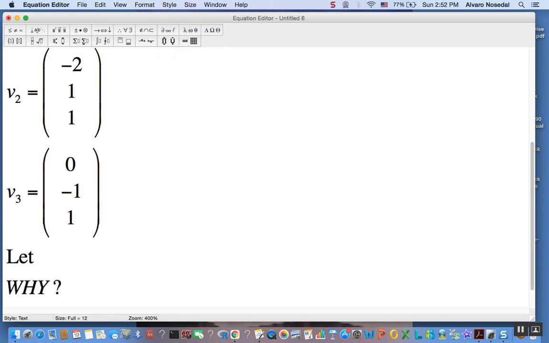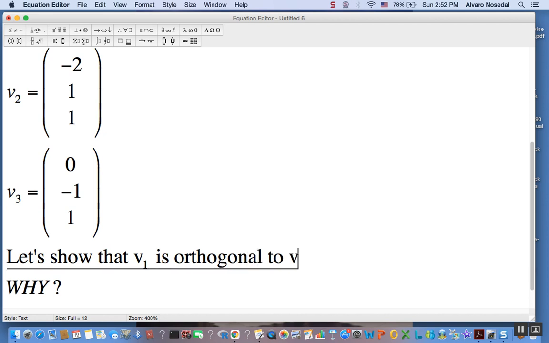So let's show that v1 is orthogonal to v2. And then if we get the idea for that one, then we can recycle that idea for the others.